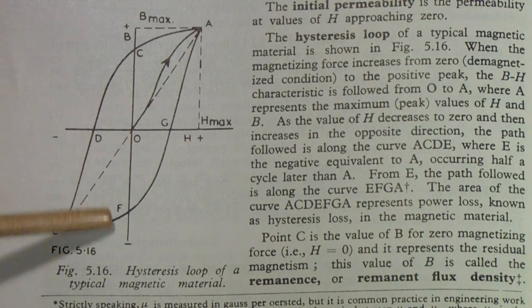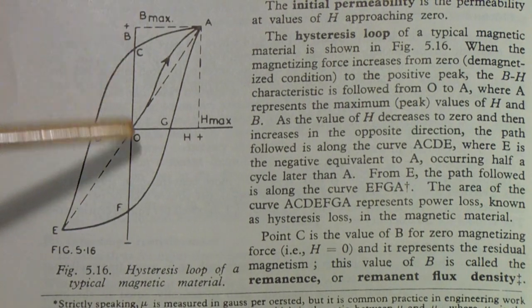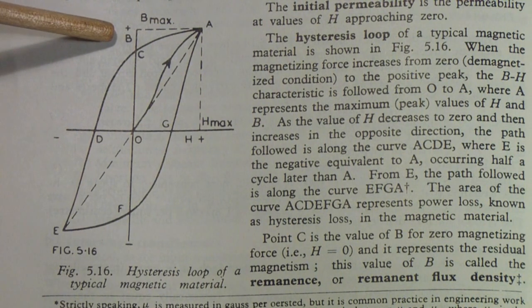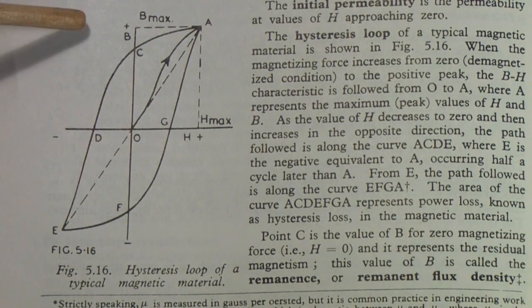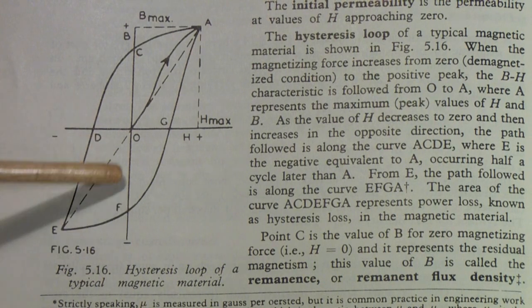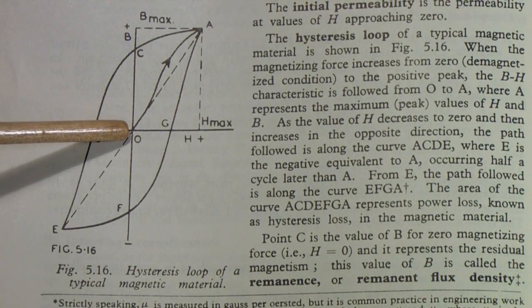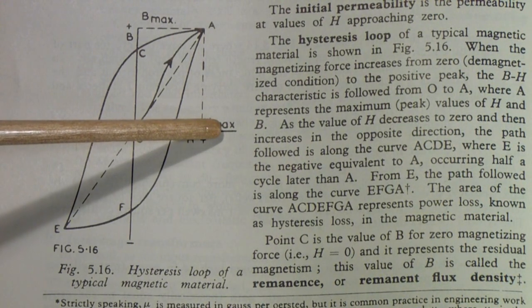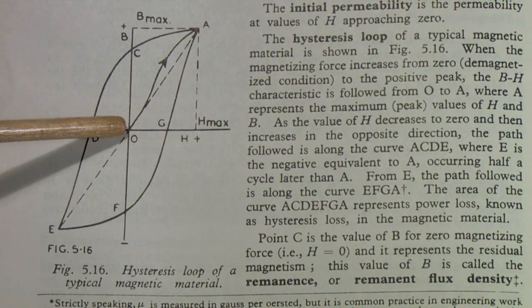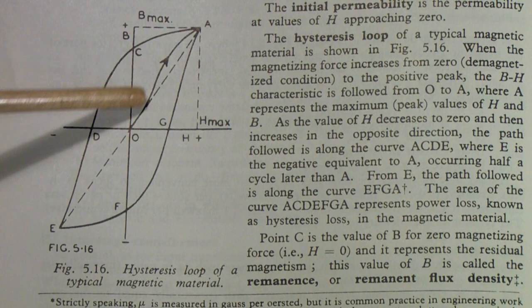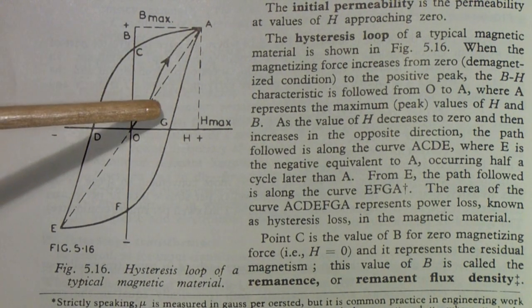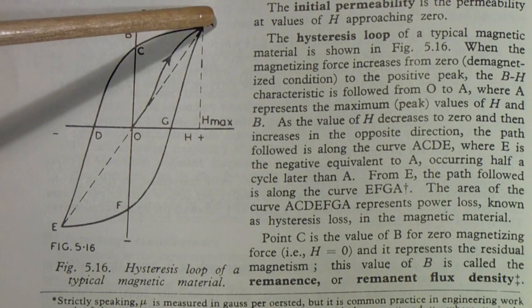And then the y-axis is the flux. In other words, it is the actual magnetizing effect. You may notice that if you start at 0 and you begin increasing the magnetizing force or the current, the amount of magnetization that is produced doesn't go straight up in a linear fashion.